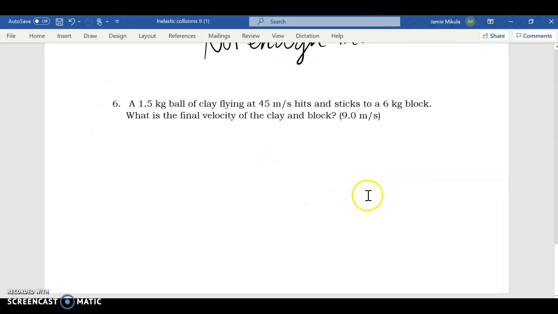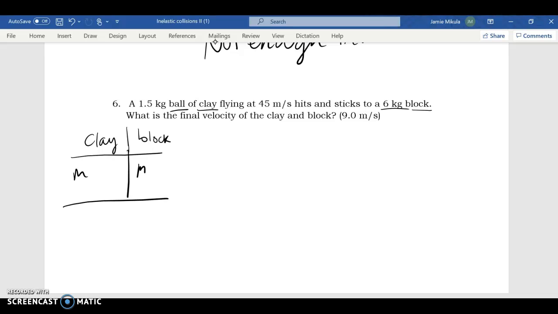All right, number 6, a 1.5 kilogram ball of clay flying at 45 meters per second hits and sticks to a 6 kilogram block. All right, so we have clay and a block. They start apart, so I'm going to put mass of both, and then they end together, so it's going to be m1 plus m2.